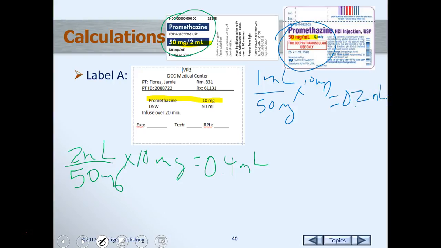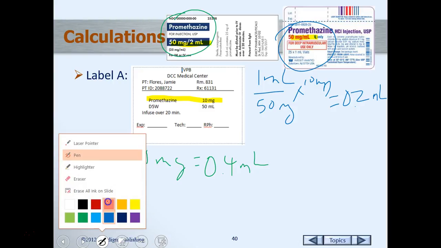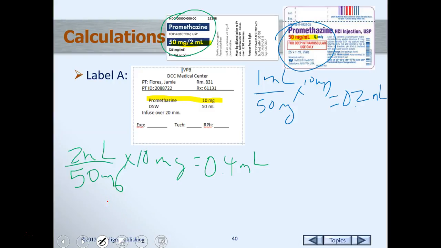All right, now remember that TB syringe and how small those measures were. So in reality, which of these would be the easier one to choose and manipulate to measure? We would choose a 0.4. Okay, let's try another one.